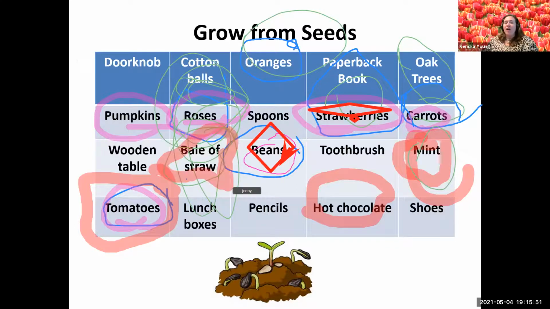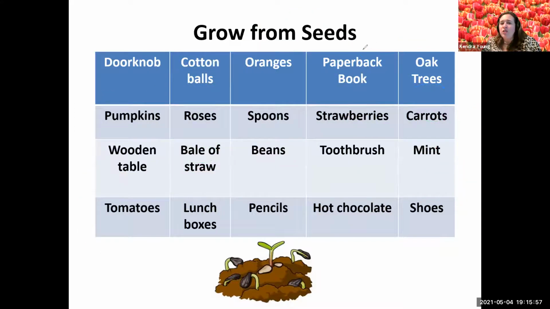All right, now we're going to clear these. Now I want you to circle things that maybe once came from a seed that is now a product that we have manipulated to be able to make.